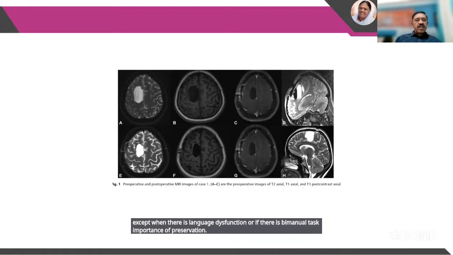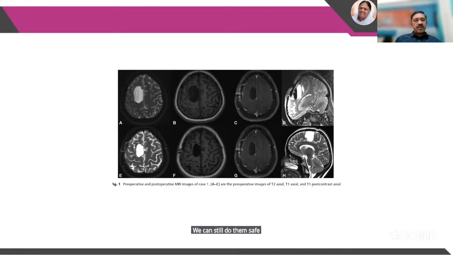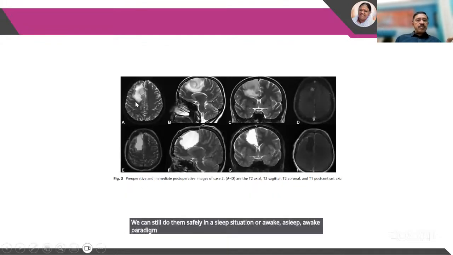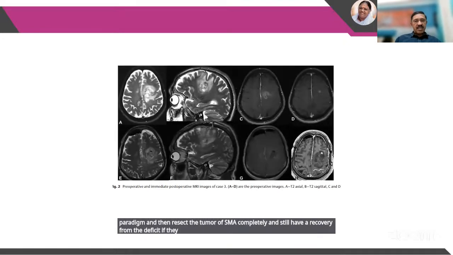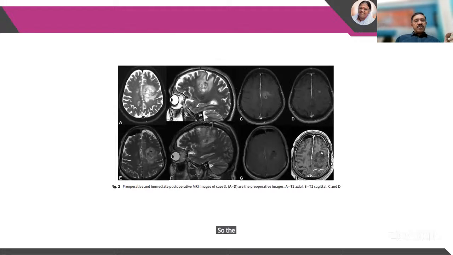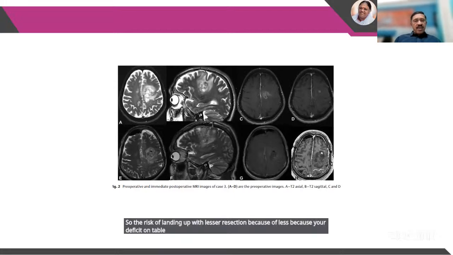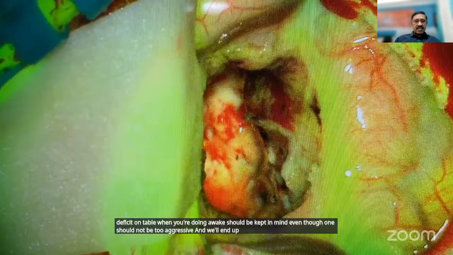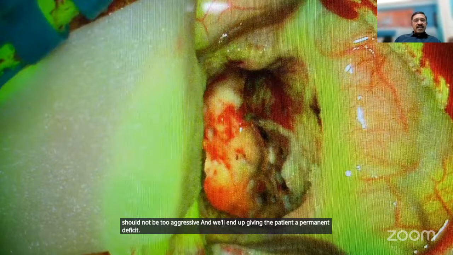We can still do them safely in an asleep situation or an awake paradigm, and then resect the tumor of the SMA completely and still have a recovery from the deficit if they land up with a deficit. So the risk of landing up with lesser resection because of a deficit on table when you are doing awake should be kept in mind, even though one should not be too aggressive and land up giving the patient a permanent deficit. Towards that, the next modality is the yellow fluorescence.